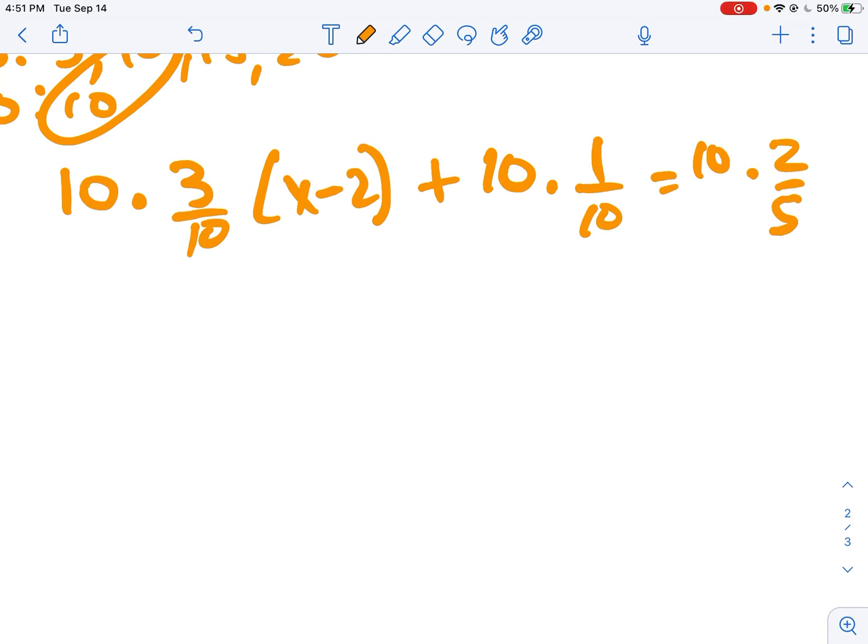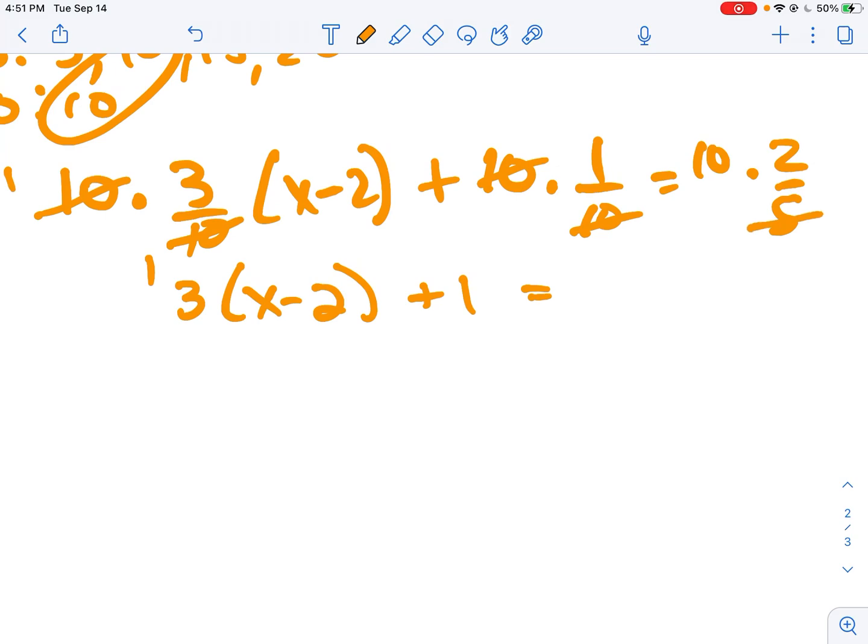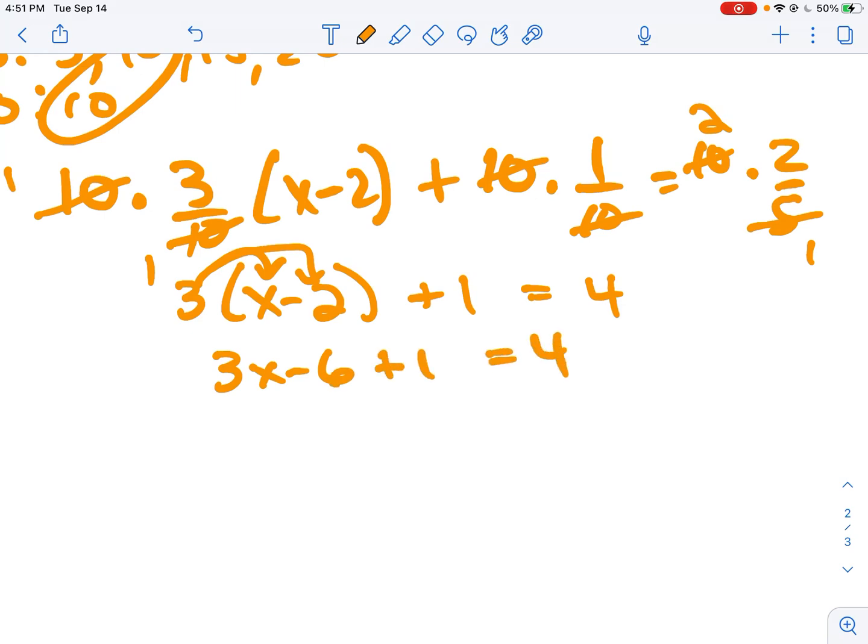If I multiply 10 times 3/10, these cancel, and I'm left with the 3, x minus 2. These cancel, and I'm left with a 1. This cancels, and I'm left with a 4. So then I do the distributive property and get 3x minus 6 plus 1 equals 4.